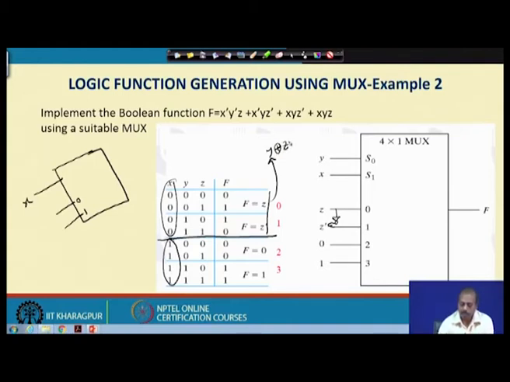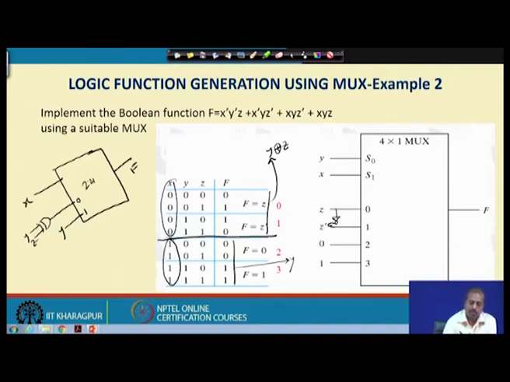In the lower part, whenever y is equal to 1, the output is equal to 1, so for this part I have got the function y. So, I can apply y here, and take one XOR gate and feed the y and z inputs to it. So, this is my f, using a 2:1 multiplexer.